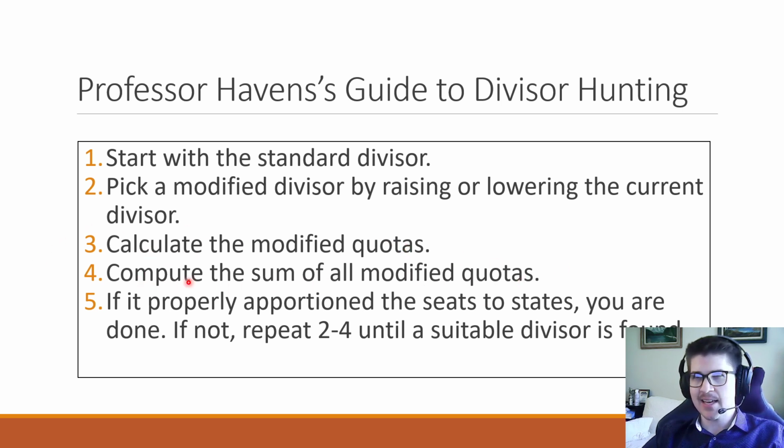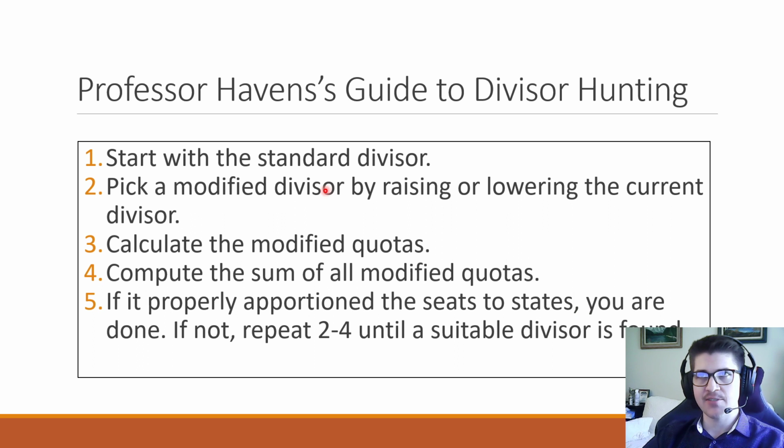Basically, we take the standard divisor, change it up a little, divide everything by it, and round them all off. If it is properly apportioned, you're done. If not, repeat steps 2 to 4 until a suitable divisor is found.